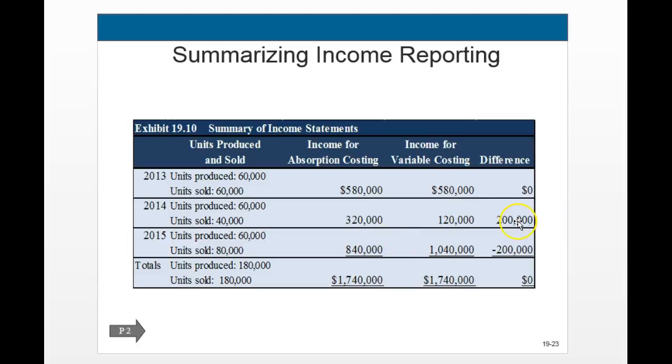There was a $200,000 positive difference. In 2015, we turned it all around again, and we produced 60,000 units, but we sold 80,000 units. Again, you've got this $200,000 difference, but it's on the negative side now, so we've pulled it from inventory.